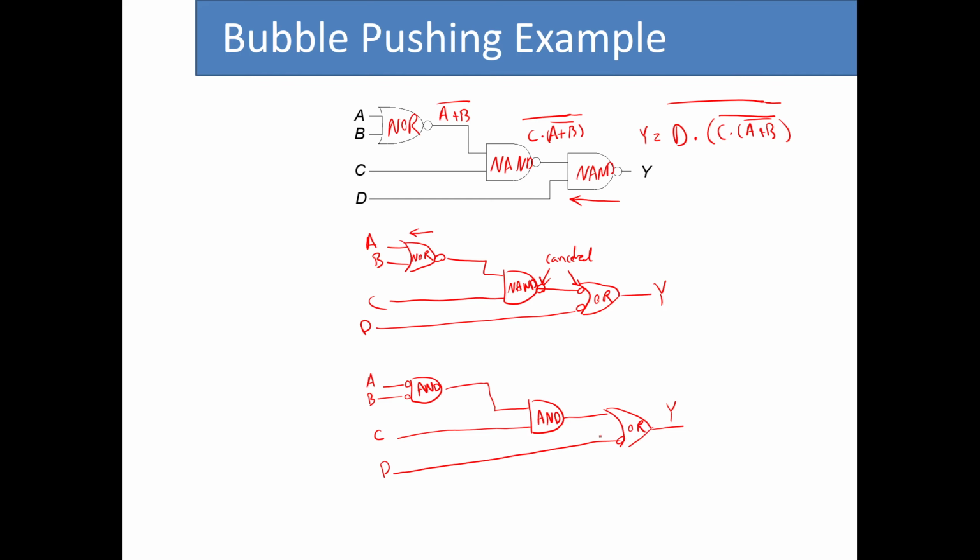Now if we want to write down the equation for this function, we have A bar, B bar. The result of this AND gate is going to be A bar, B bar, C, and finally the output is going to be A bar, B bar, C plus D bar.